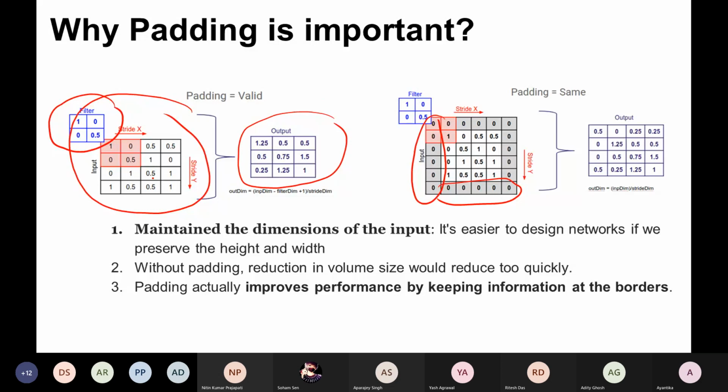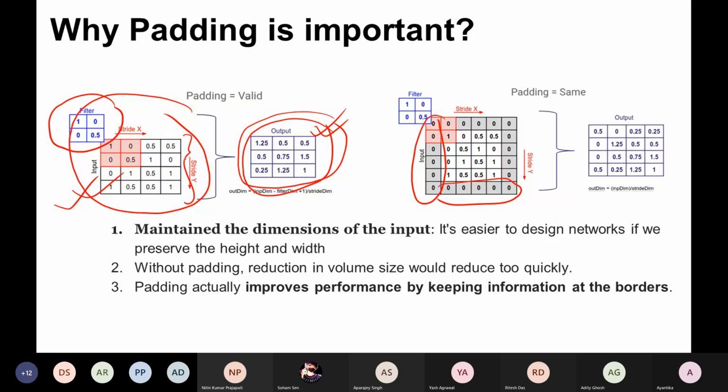If you check the dimension of this input and the dimension of this output, you can see there is a significant reduction, right? This is 4 cross 4 and it comes to 3 cross 3. That means whenever you do this type of filter-based multiplication, you get a dimensional reduction.